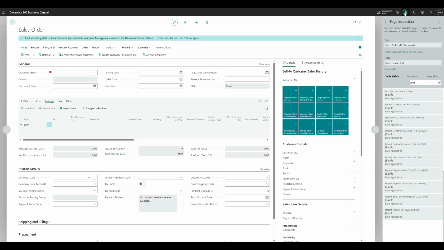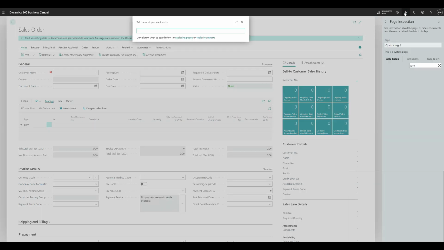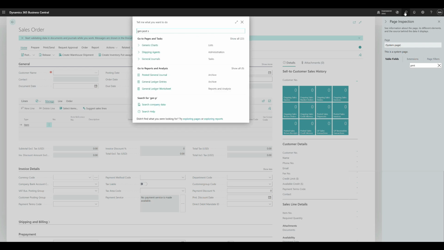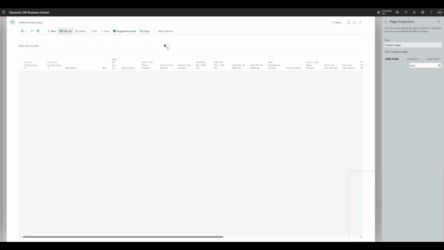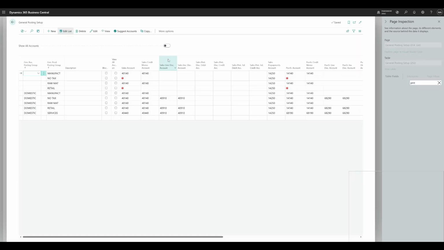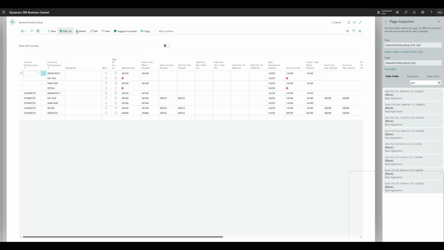A few things before we start generating the sales order. Let's have a look at general posting setup, because this is important. We have here a column in the general posting setup, sales prepayments account. You would need to create a GL account where the prepayments are posted.